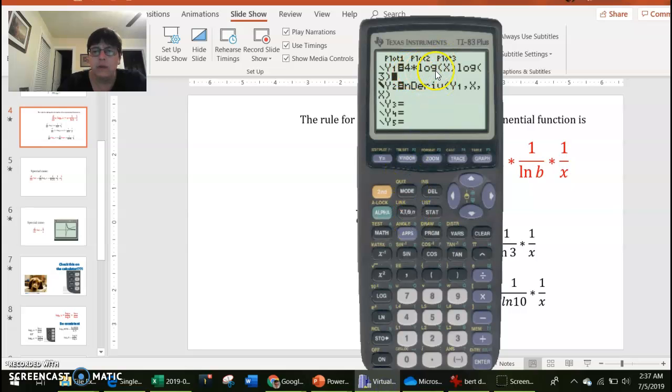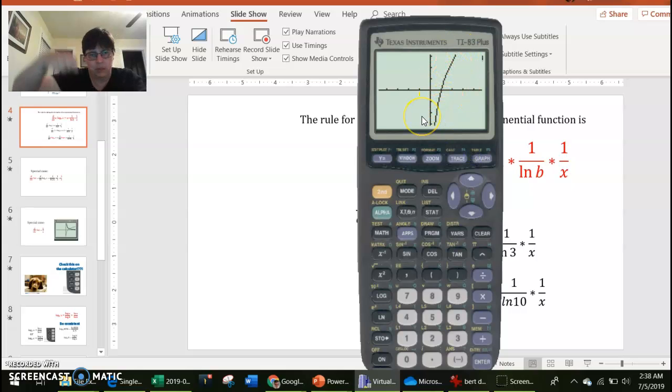Okay, so 4 log, oops, I forgot my division sign. Insert division sign. Okay. So it's going up, it's just been pulled up 4 times as strong. And this one is coming down a lot slower than the usual 1 over x function, isn't it?